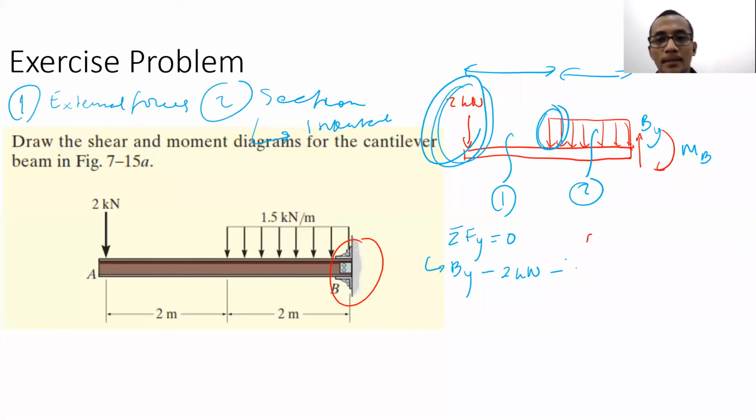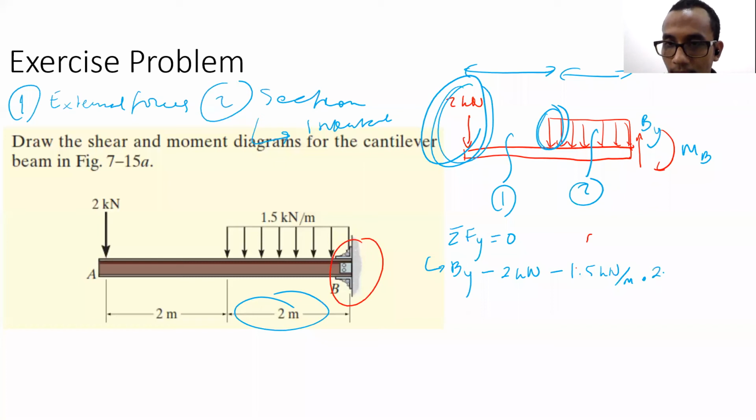But you have to multiply it by the length, multiply by 2 meter, equal to 0, right?